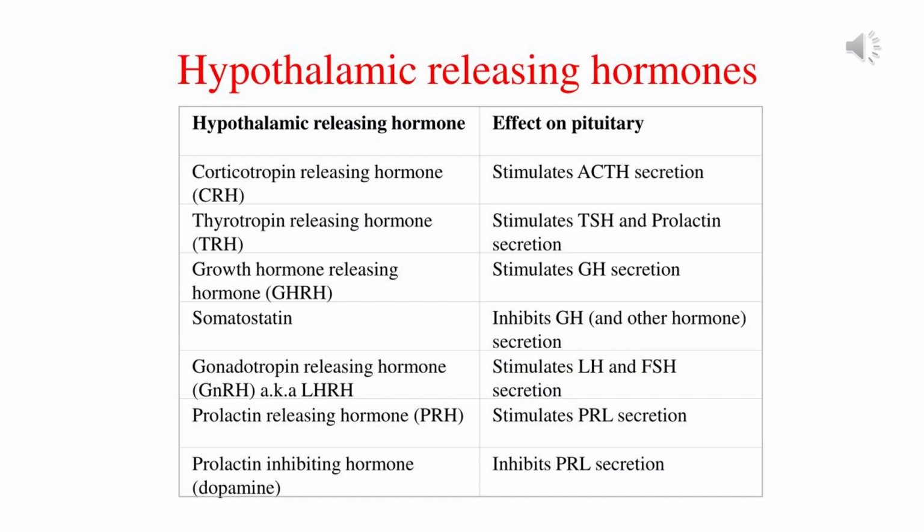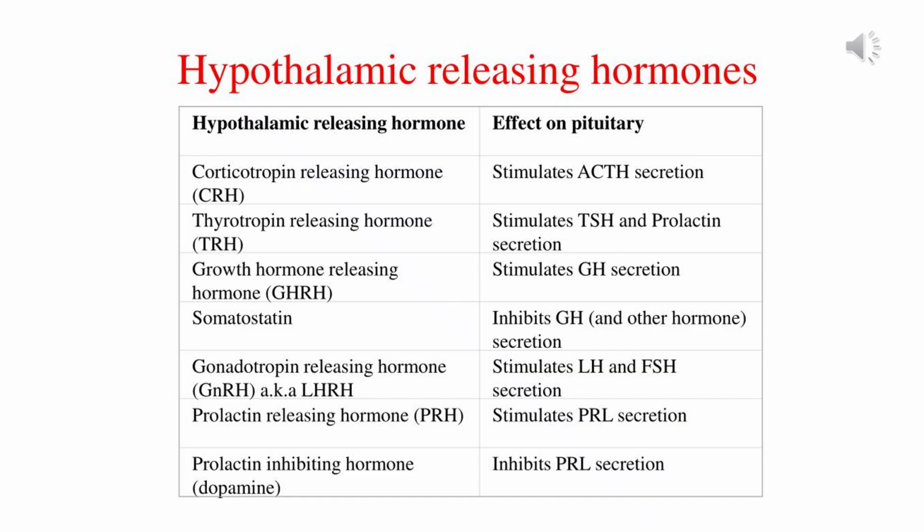The next one, gonadotropin releasing hormone. This is made by the hypothalamus. It binds upon cells in the pituitary gland called gonadotropes. The gonadotropes release their hormones, which are called luteinizing hormone, LH, and follicle stimulating hormone, FSH. Next, prolactin releasing hormone made by the hypothalamus, binding upon cells in the adenohypophysis called mammotropes.